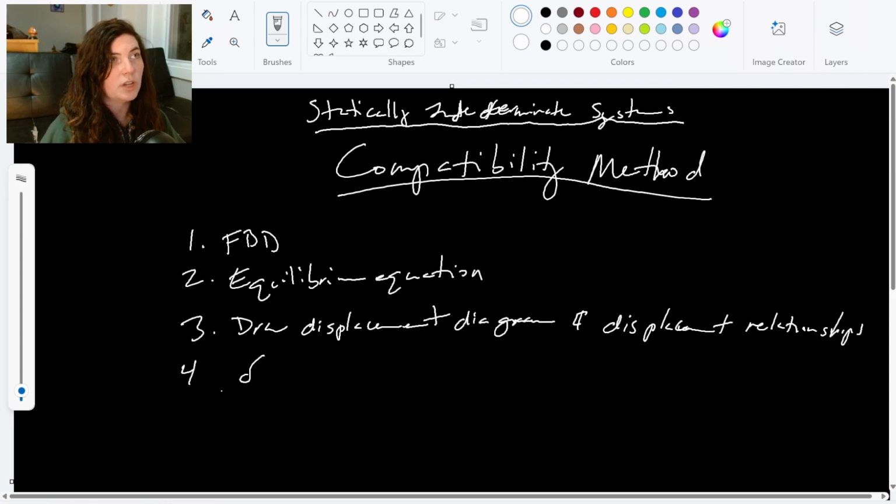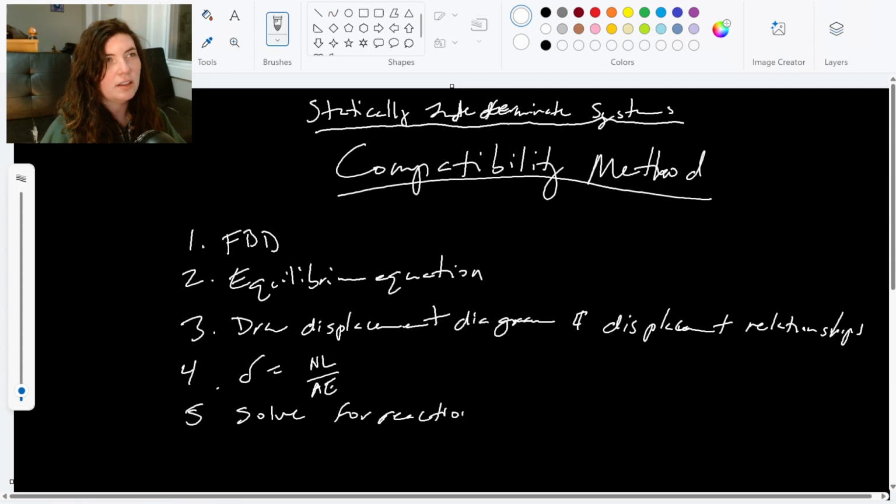So that we can use our load displacement equation, which again is delta equals PL over AE. That's our load displacement for axially loaded things. And then we can solve for reactions.